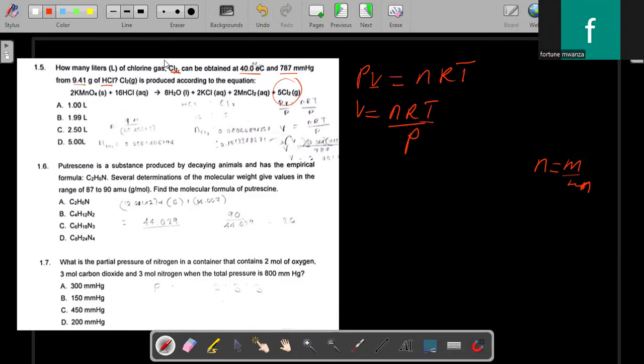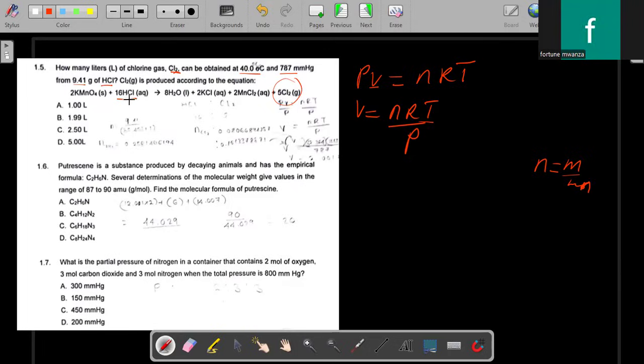Now here in the question, we've been given the mass for hydrochloric acid. We haven't been given any information on the product, which is the chlorine. When you are dealing with moles and you are given information on one of the reactants, just know you consider that as the limiting reactant.